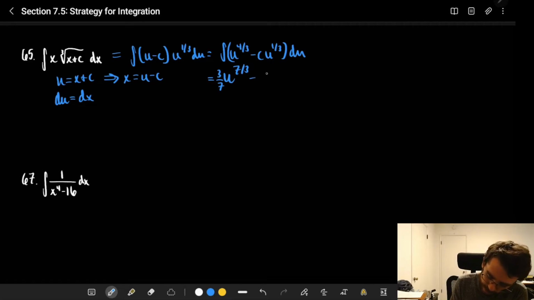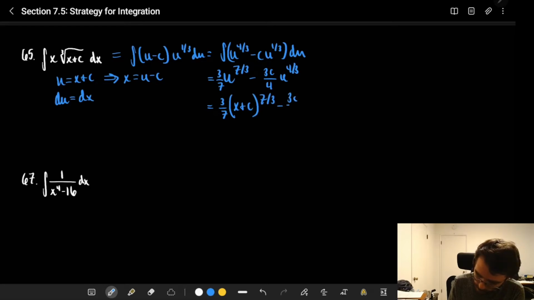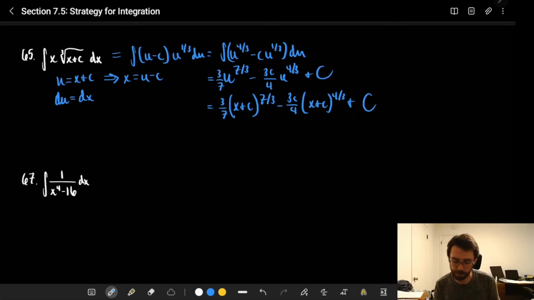Minus c, u to the 1/3 over 4/3, so 3/4 c u to the 4/3. Finally, plug back in for u. U is just x plus c. Don't forget your constant, which I'm writing as a big C instead of a little c. Cool.